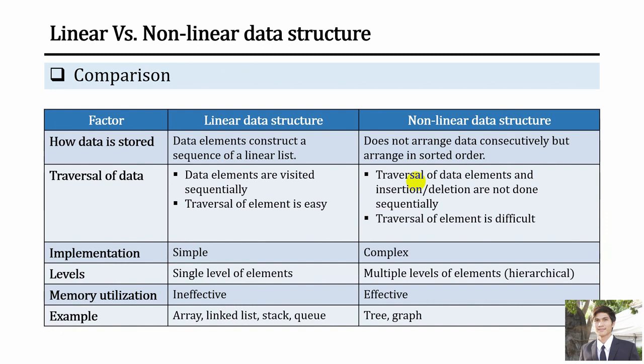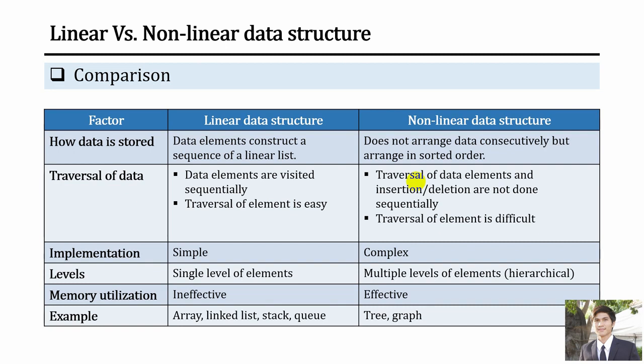So here is the comparison between linear and non-linear data structures. We focus on how our data is stored, how we can access our data, how we can implement it, the level of nesting in which the data is stored, and memory utilization.